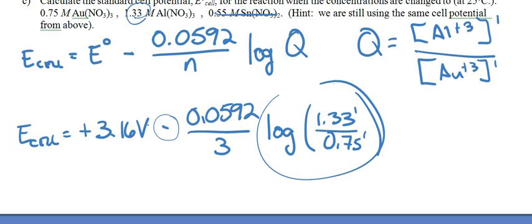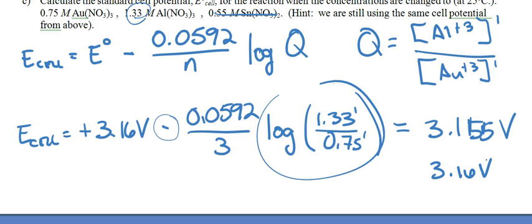So my voltage should decrease. And actually, when I type all this information in, I get 3.155 volts. In other words, it was 3.16. Now it's gone down to 3.155. Now again, when we round everything off, we go back to our voltage.